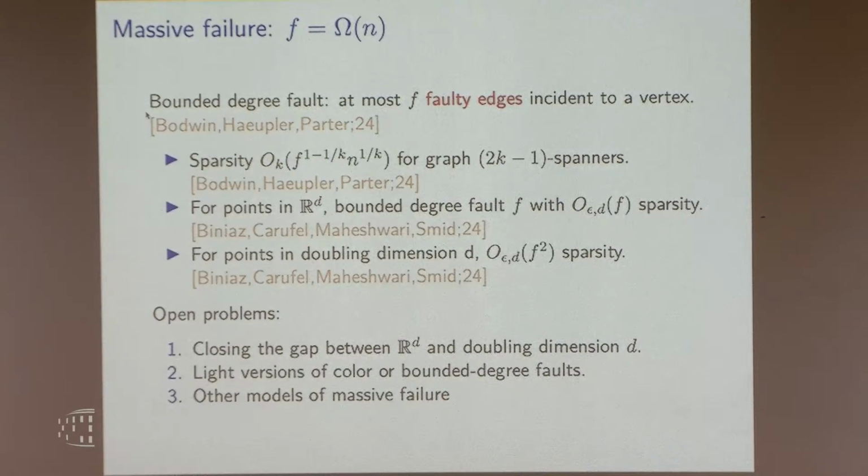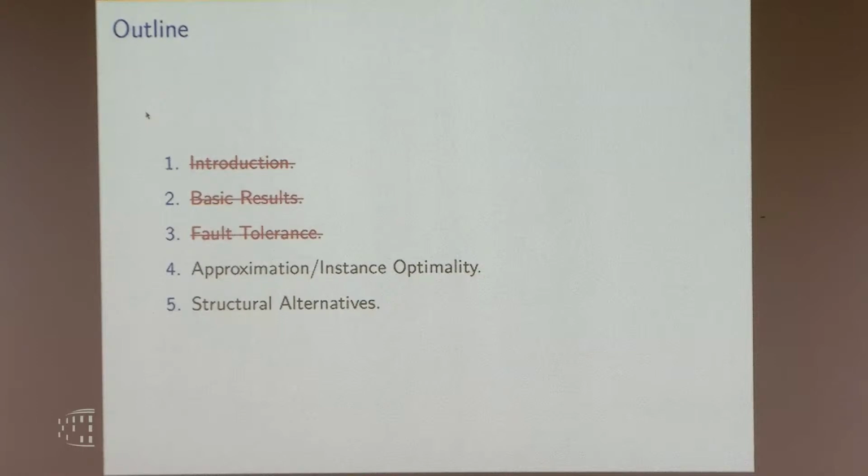Coming up with the right model is tricky, and typically for massive failure, you need to bring interesting techniques to be able to deal with it. So I think there is really good motivation for coming up with other models of fault that allow massive failure. So this is fault tolerance. Any questions?